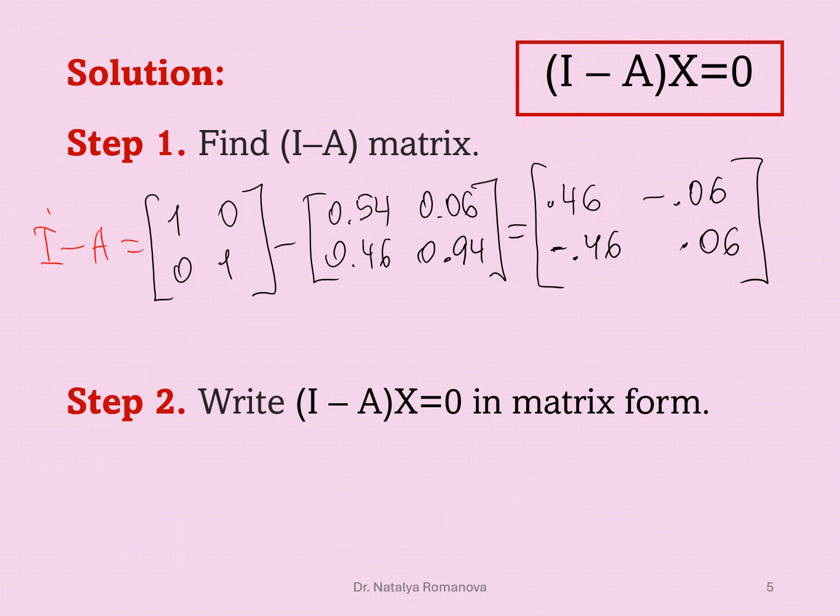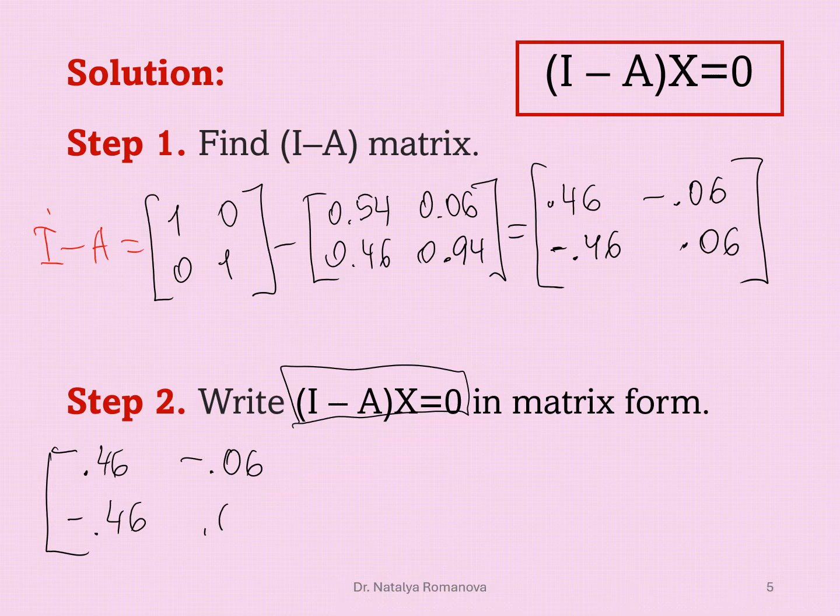Now we follow our formula and write the equation in matrix form. I minus A, which we took from the first step, is 0.46, minus 0.06, minus 0.46, 0.06, times x.